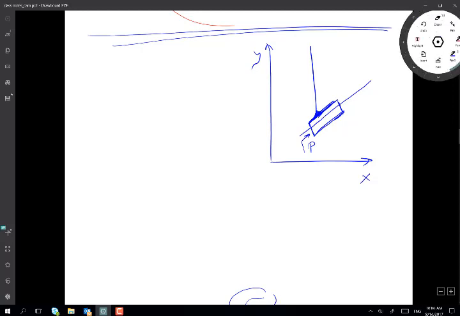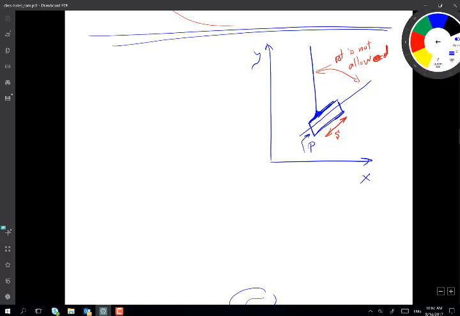The freedom this allows is the motion S. It can move up and down by this distance, but that's all a prismatic joint allows. Rotation is not allowed. So if rotation is not allowed, how many degrees of freedom do I have in this case?